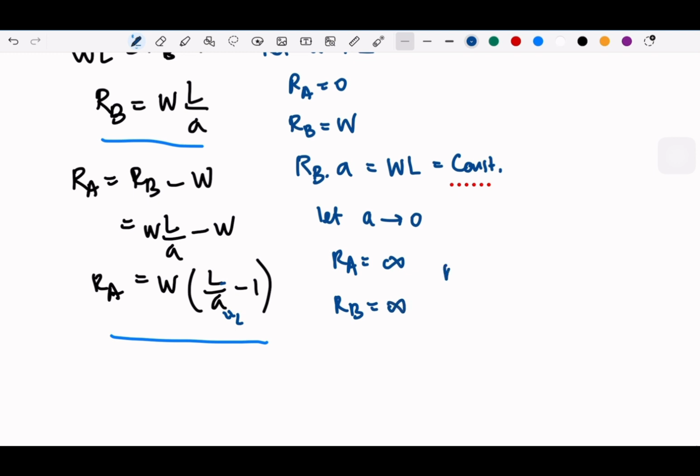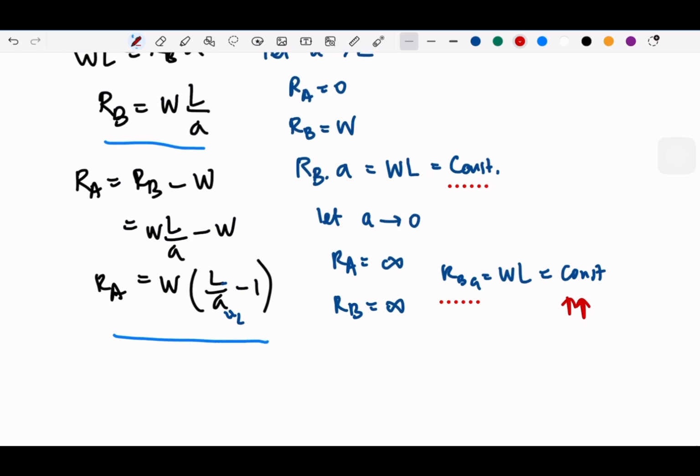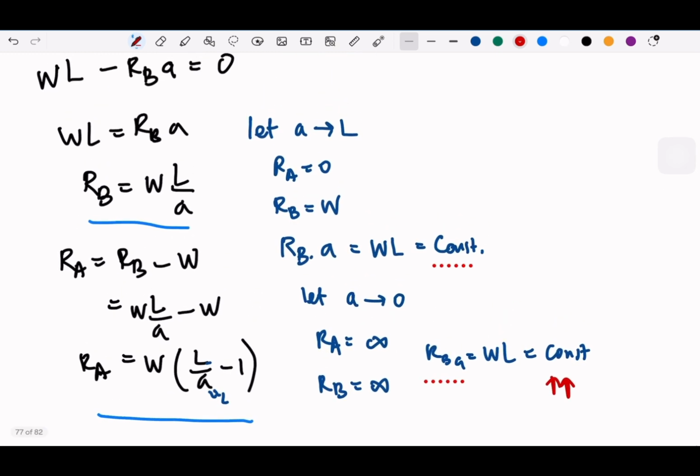WL is constant, so the force is going to be very, very large, right? So that's what we observe when we move our hands.